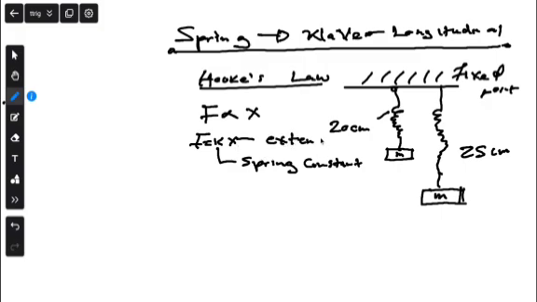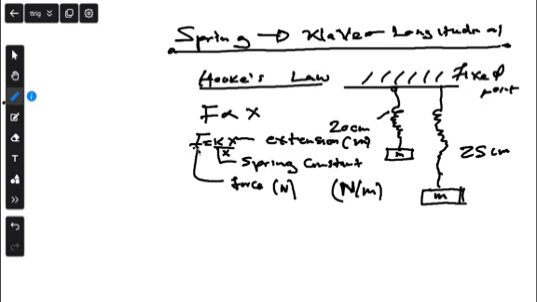So usually extension is measured in meters, and here we know that this is force, or we can say the load, and this one is going to be measured in newtons. So therefore, the constant of the spring is going to be measured in newton per meter. Where is this one coming from? Let's say we make K the subject of the formula, meaning we divide by x, isn't it?